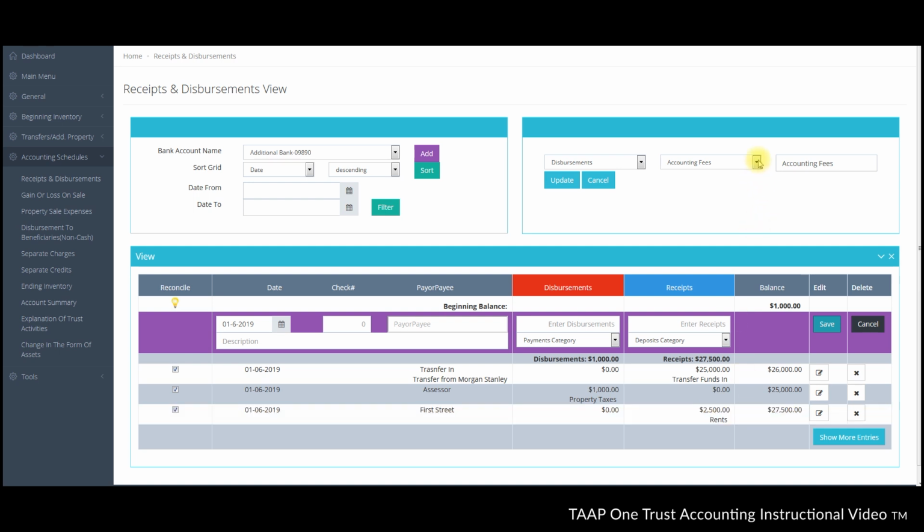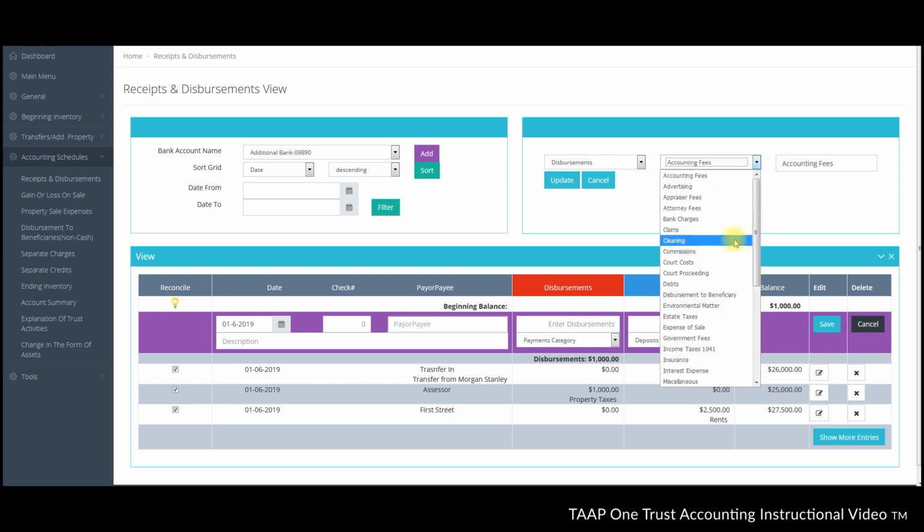Okay, under disbursements, another category to be aware of is going to be property sale expenses. Now, property sale expenses relate to where you are selling any type of property and you're making a payment of the property sale expense directly out of the bank account.